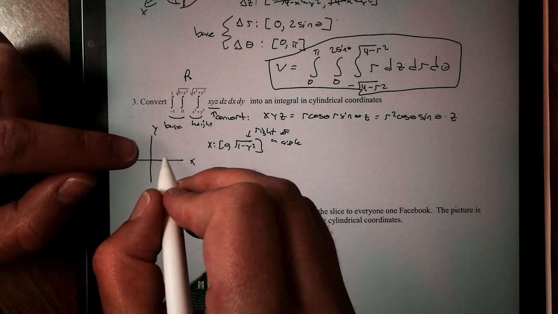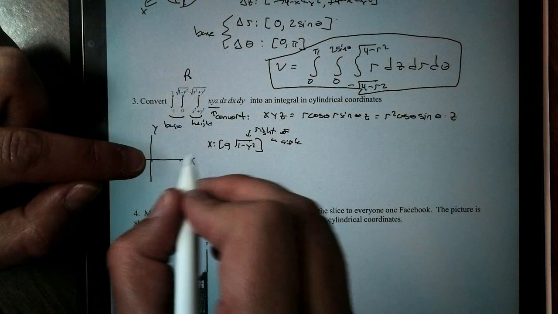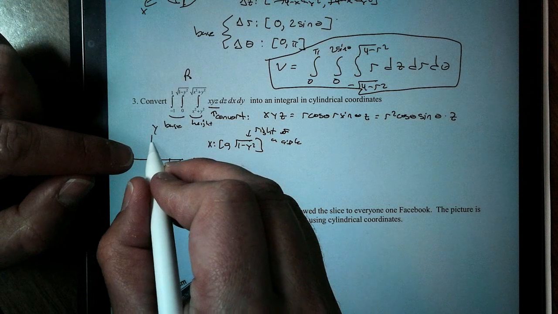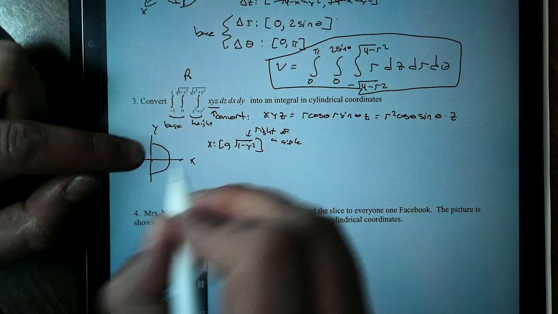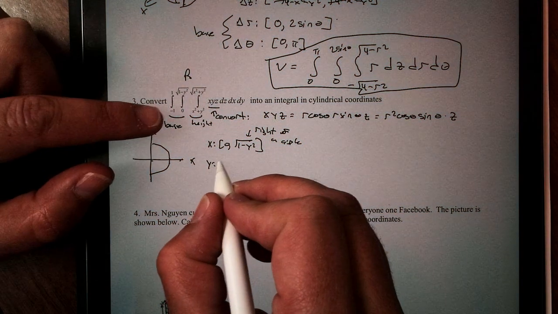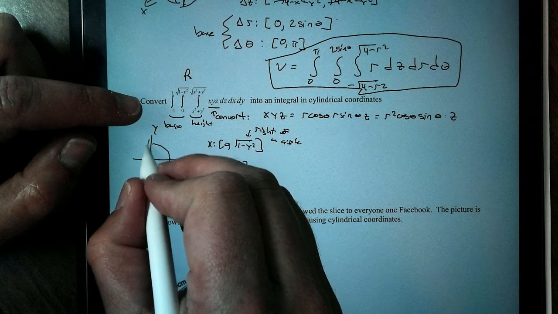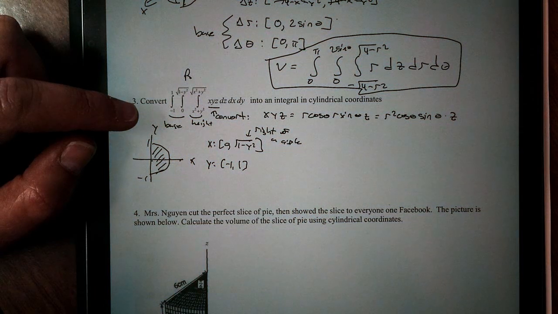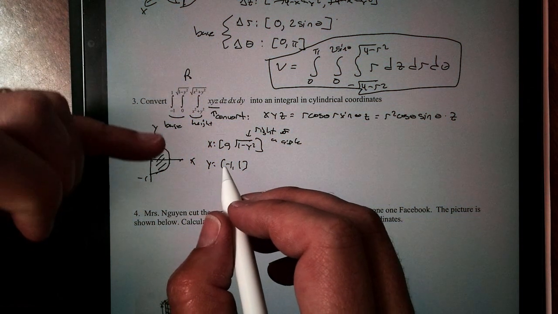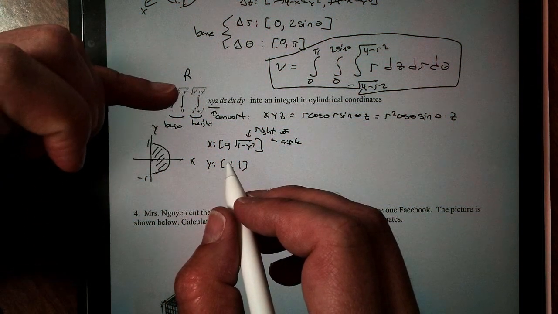So my x is going to go from 0 to this circle with a radius of 1, like so. My change in y goes from negative 1 to 1. So we're looking at this part of a circle being converted into a polar equation.